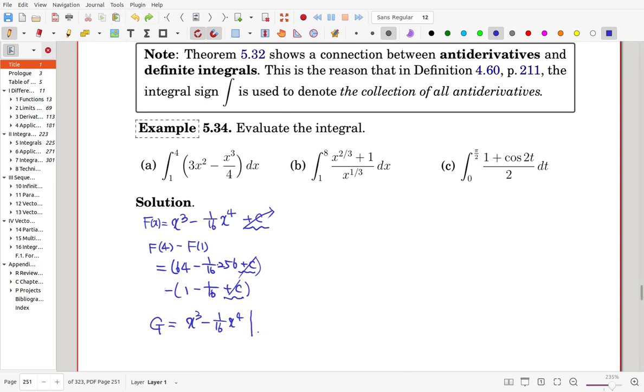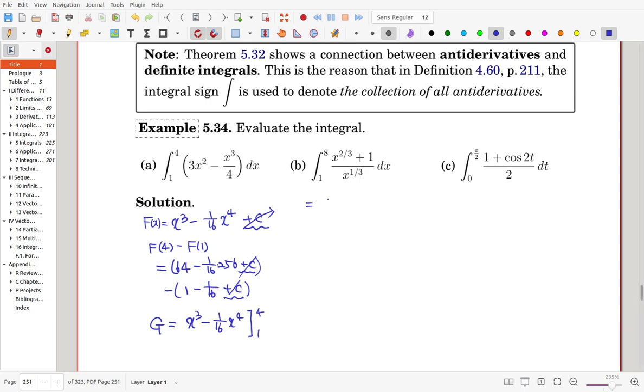Here the lower bound is 1, the upper bound is 4. You can use this bar or a bracket like that. Either way you can put, and here you can evaluate.